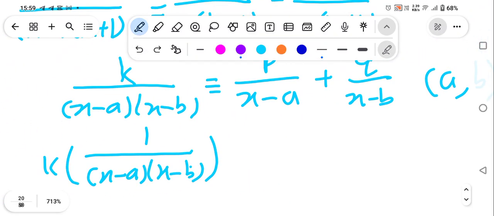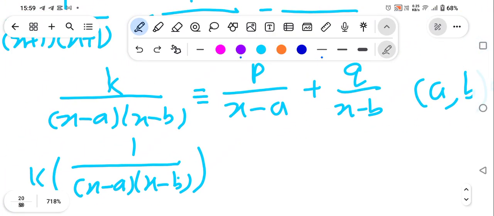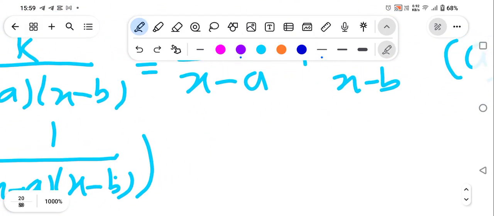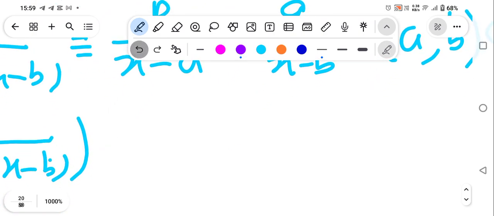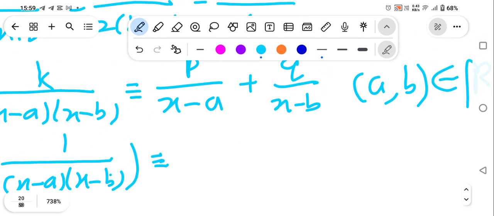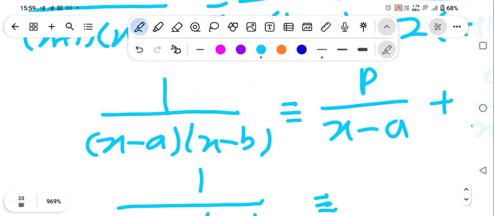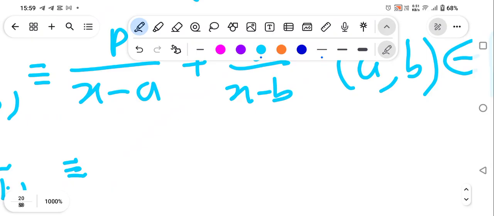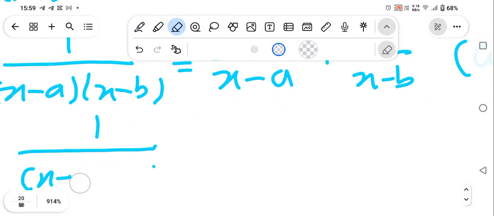And now this will be similar to, alright, you know what, let's make it 1 for now. So this will be equal to p over q, and I'll just copy the same thing again.